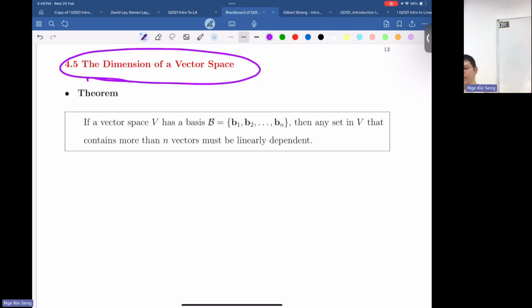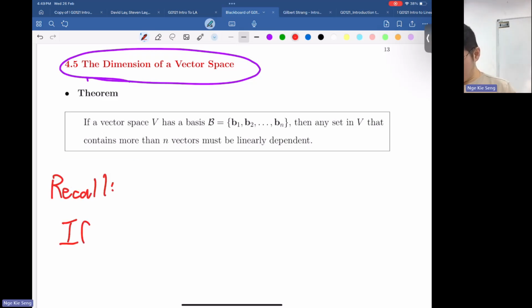So the theorem is: if a vector space has a basis B1 up to Bn, then any set in V that contains more than n vectors must be linearly dependent. This is what we discussed before, right? So last time, let's recall what's the theorem that we said last time.